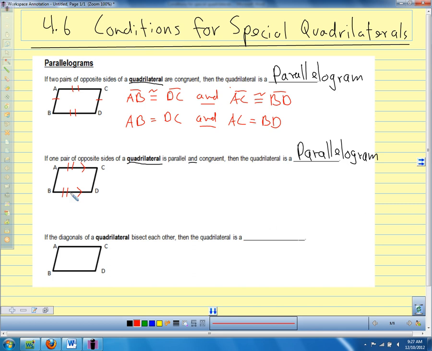So our figure could be marked like this. We could say that segment AC is congruent to segment BD, and segment AC is parallel to segment BD. That's the way we would write it out. And it could be the other pair of sides. You just need one pair that is parallel and congruent.